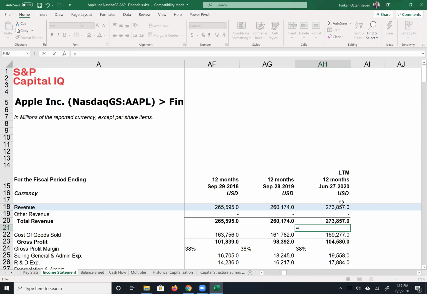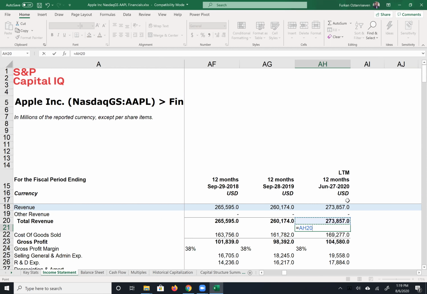In this case, the last one is not going to be 1 year because it is the last 12 months ending September 28th. All the other data is going to be 1 year, from 2018 to 2019, for example. The last one is not going to be a full year because we haven't reached September 28th yet. So as of now, I can only see basically nine months of data.